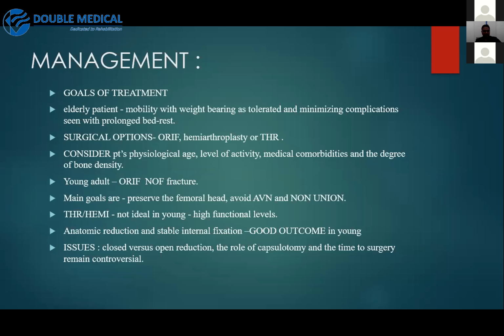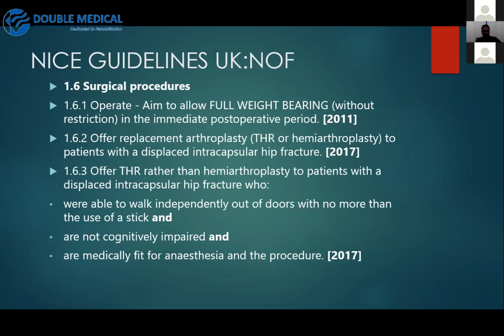For young adults, it's preferably open reduction and internal fixation, and the main goals are to preserve the femoral head and avoid AVN and non-union. THR and hemi are not ideal in the young due to their high functional levels, and for a good outcome in the young, anatomical reduction and stable internal fixation is the paradigm. Closed versus open reduction, the role of capsulotomy, and the time of surgery are controversial issues.